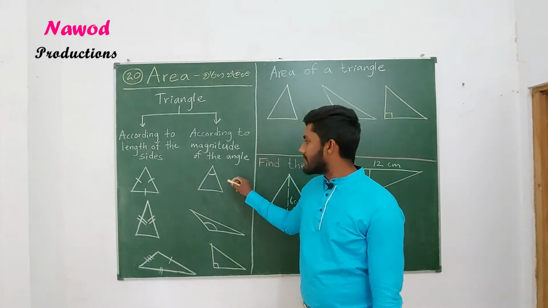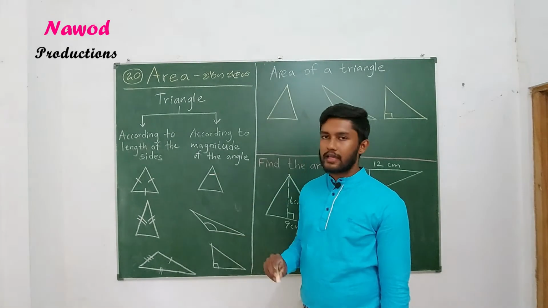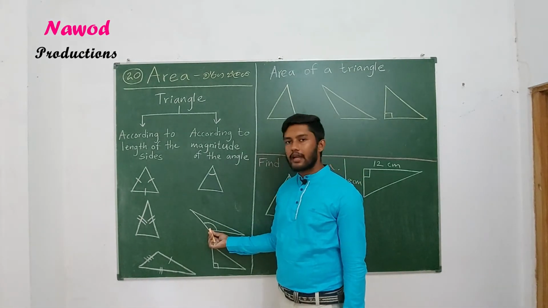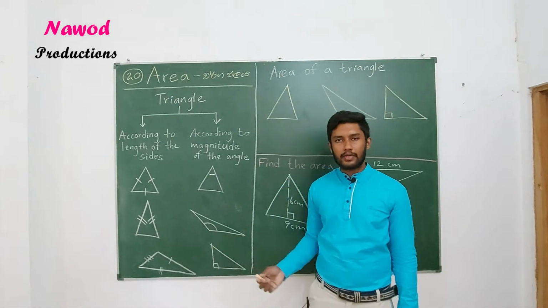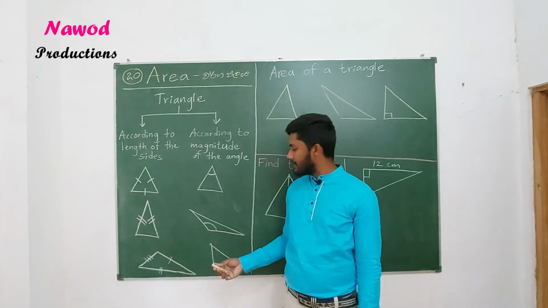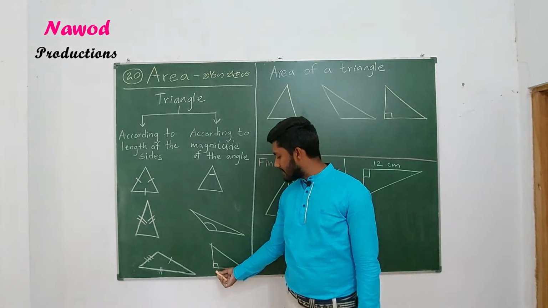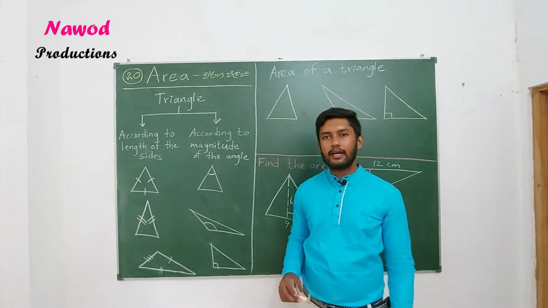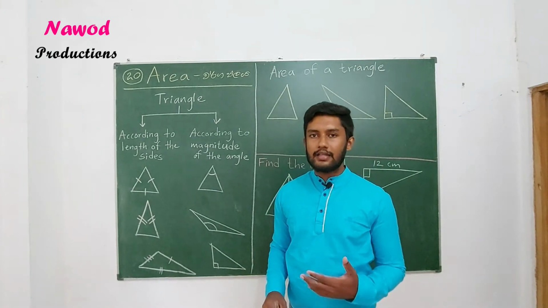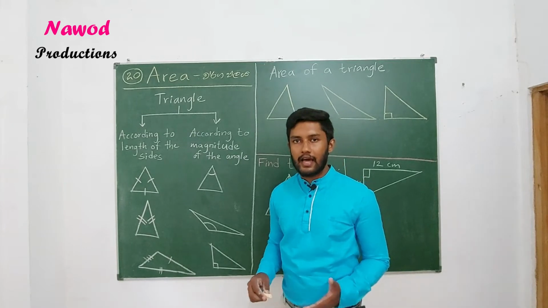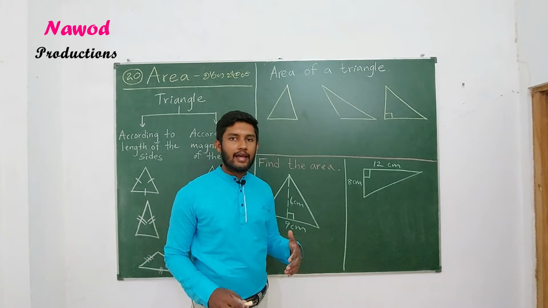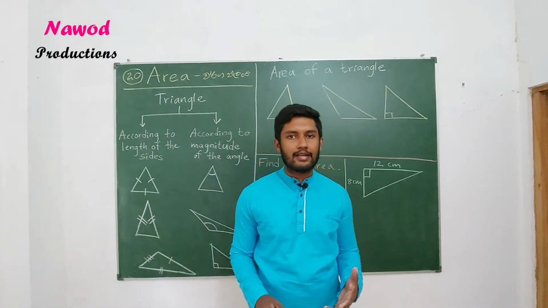If there is an acute angle, triangle. If there is an obtuse angle, triangle. If there is a right angle, triangle. There are three sides in a triangle, there are three angles in a triangle. Let's sing triangle song.